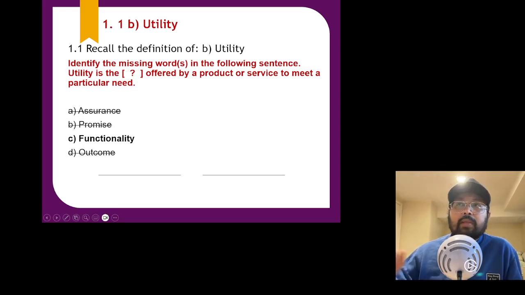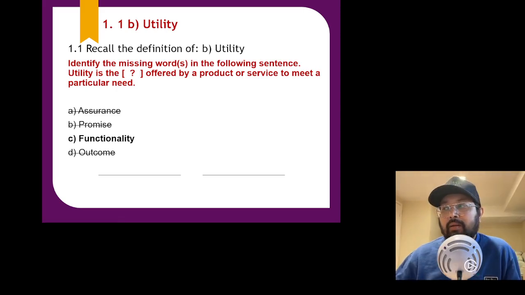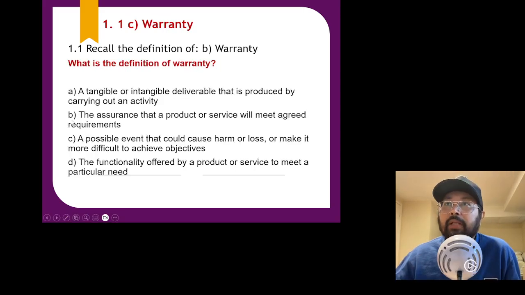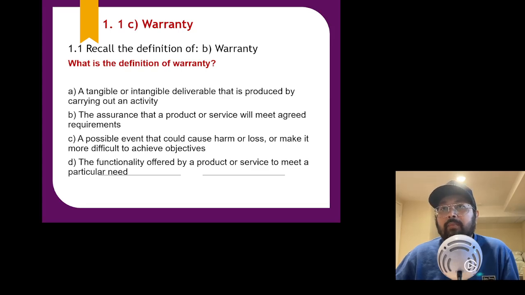So you can see this is actually testing your Bloom level 1, if you can understand the definition of utility. So moving to the next question, this is related with the warranty. What is the definition of warranty? Option A, a tangible or intangible deliverable that is produced by carrying out an activity.